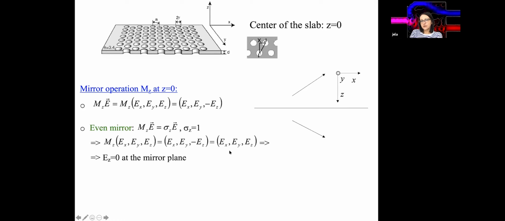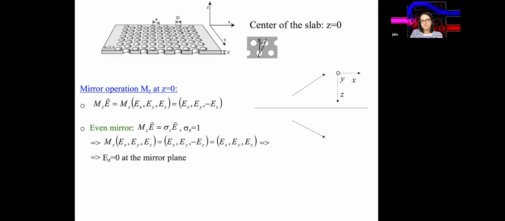If our electric field is an eigenvector of the mirror operator, then this has to be equal to this, okay? In order for this to be equal to this, EZ has to be equal to 0, because you cannot have minus EZ being equal to plus EZ, okay? Which means that EZ has to be equal to 0 at the mirror plane.